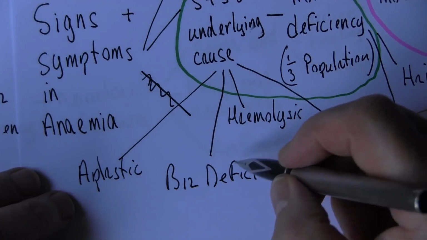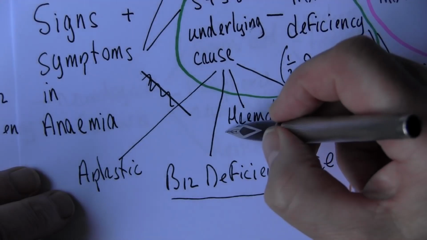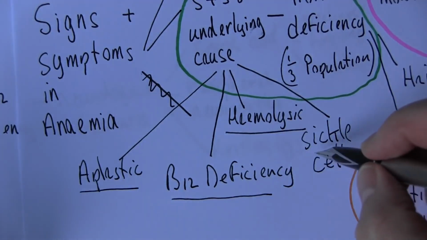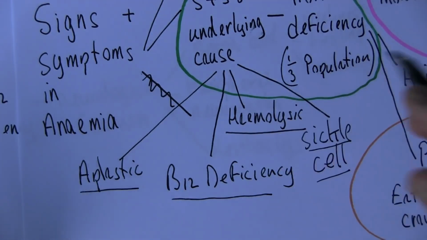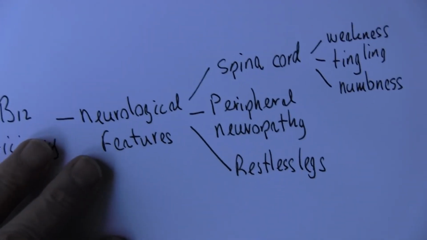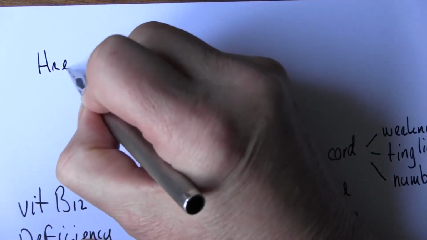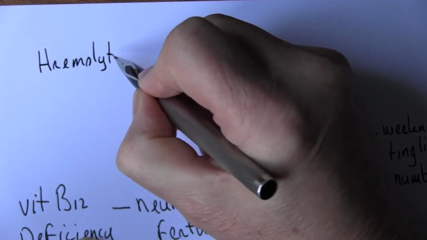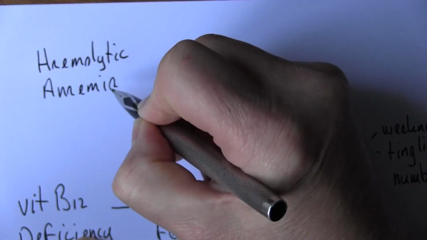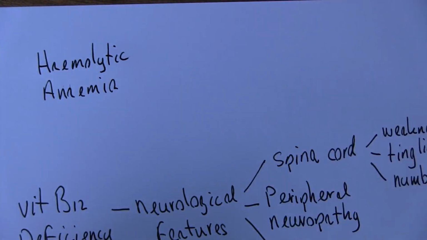So we've looked at the clinical features of B12 deficiency. Let's look briefly at the clinical features of hemolysis that you get in hemolytic anemia, aplastic anemia and sickle cell disease. Looking at the signs and symptoms of the cause. Well, in hemolytic anemia, the anemia is caused by the excessive breakup of the red cells.